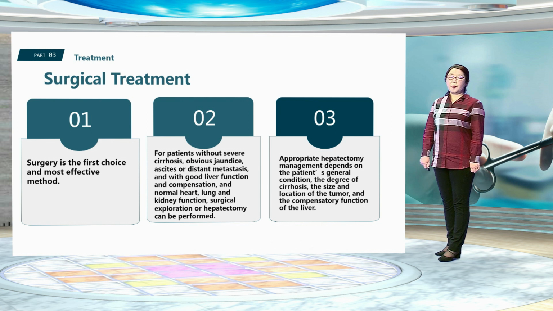And third, appropriate hepatectomy management depends on the patient's general condition, the degree of cirrhosis, the size and the location of the tumor, and the compensatory function of the liver.